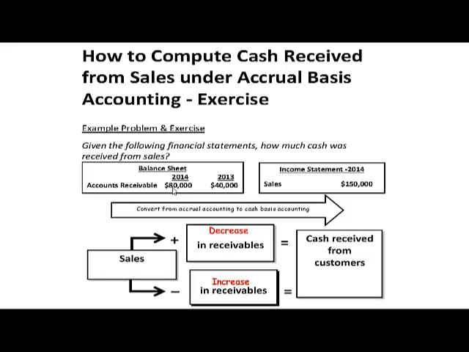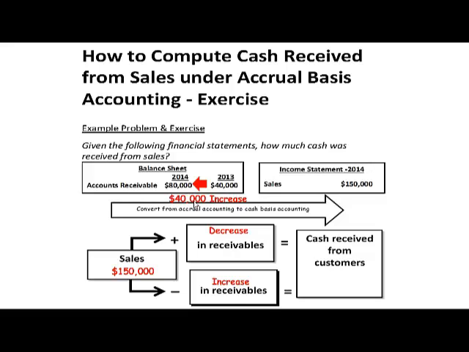And you'll notice obviously that the ending balance of 2013 automatically becomes my beginning balance for 2014. So I need my sales, so I take my $150,000 of sales for the year. And again, I'm going to compare my beginning balance of 2014 against my ending balance of 2014. And I see I've had a $40,000 increase.